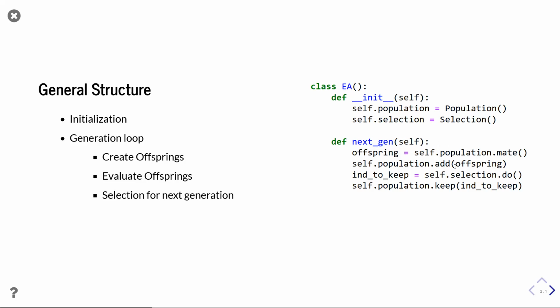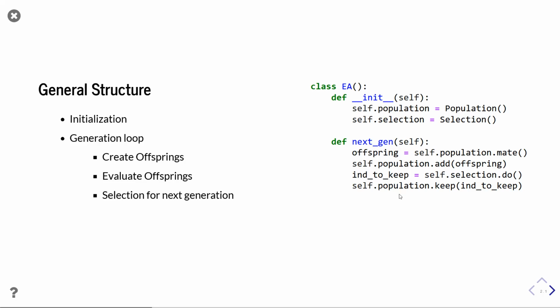Then we have this add method that evaluates these new offsprings and adds them to the population that we have. And then we have the selection operator that I previously mentioned, which we can use to kill off the bad individuals and keep the optimal individuals alive.